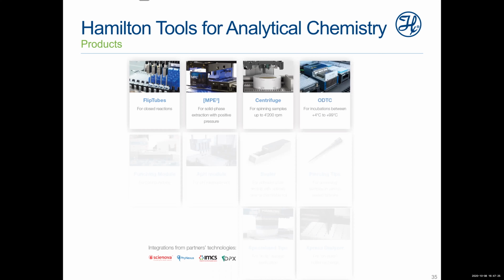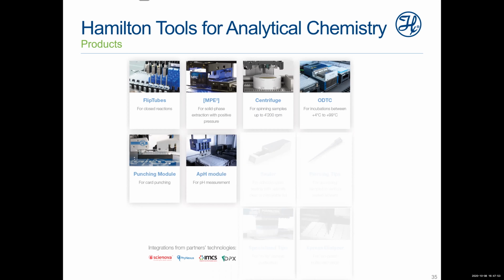The ODTC, which is the on-deck thermal cycler for incubations between 4 degrees and 99 degrees. The punching module for card punching. It recognizes positively stained samples and negatively stained samples, and it can make punches of 1.2, 2, 3, and 6 millimeters directly into the collection plates.